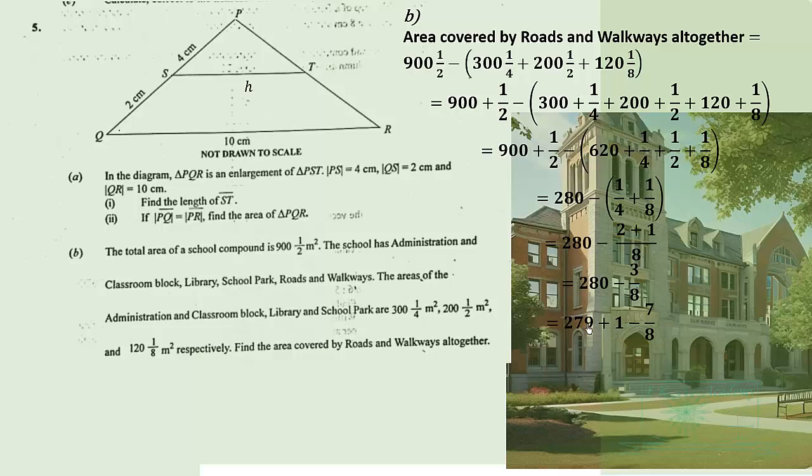We know 280 is 279 plus 1, so to make this positive, the LCM is 8, so 8 minus 3 over 8 will give us 279 plus 5 over 8, and this is the same as 279 whole number 5 over 8 meters squared. So this is a smart way because you don't have to crack your head that much dividing huge numbers, trying to find how many times one will go into the other.